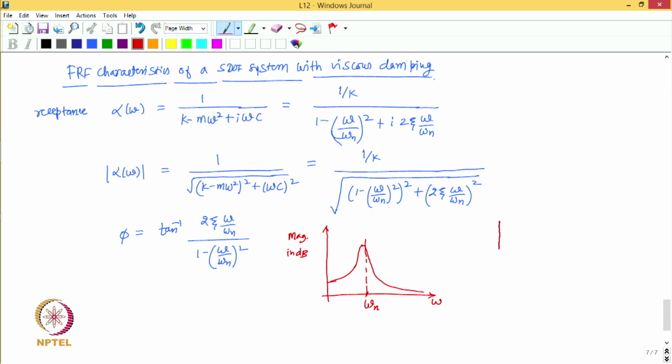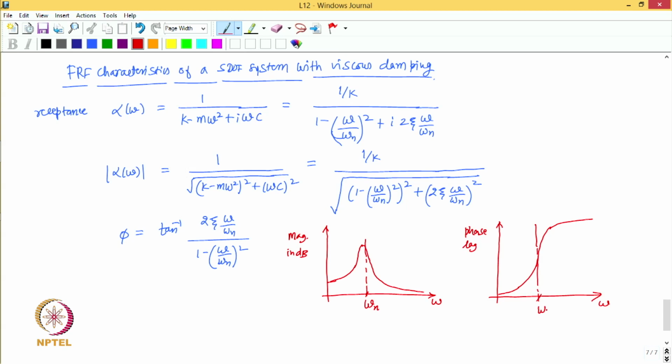Similarly, the phase plot looks like this, the phase lag here, something like this.